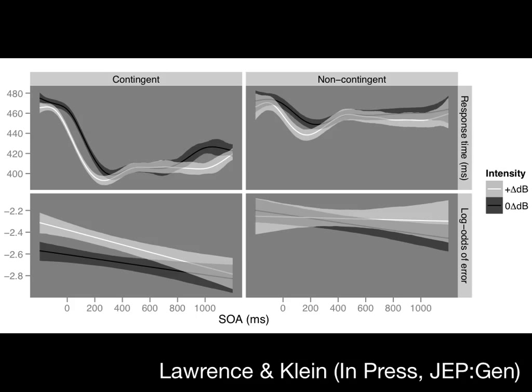both of these dependent variables, such that you get these nice squiggly functions that in the paper itself we actually have a description of the inferences from the draw. But you can see that there's this decrease in reaction time as a function of SOA in both of these intensity manipulations over here that's quite strong over here in this contingent condition, but there is still an effect here in the non-contingent condition, but it's certainly not as strong over here.